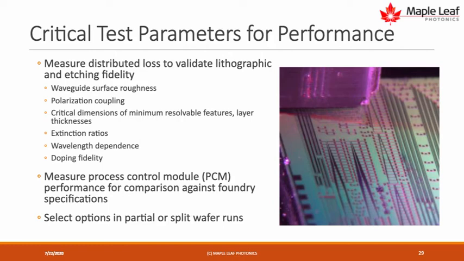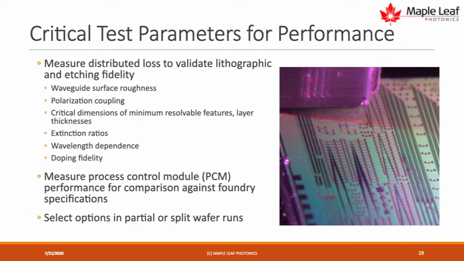Look at 50-50 couplers and make sure they're 50-50, not 49-51. A really powerful insight comes from measuring the extinction ratio of ring resonators and Mach-Zehnders. That also gives you key insight into the lithography, as well as the wavelength dependence of these. And with loss and bias conditions, you can measure the doping fidelity and ensure that your junctions are where they need to be in your process.